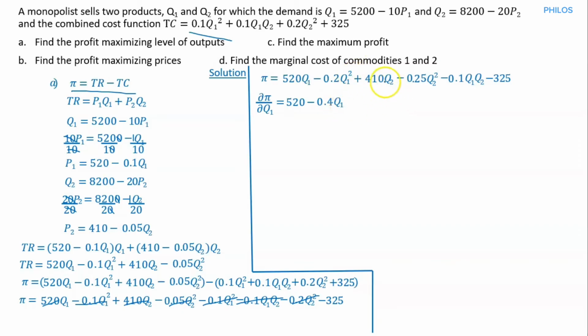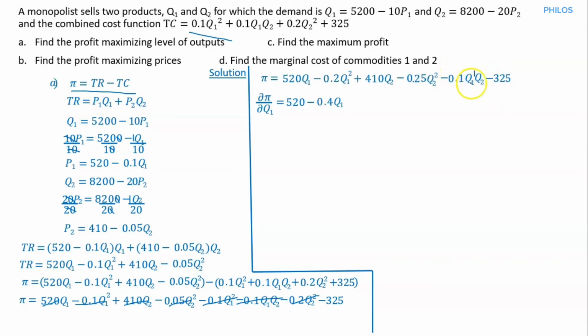Okay, there is no Q1 here, so this is a constant, it's 0. There's no Q1 here also, so it will be 0. But there is Q1 here. You know, the Q1 here has an exponent of 1. When you multiply the whole thing by 1, subtract 1 from this exponent. So you have Q1 exponent 0. And Q1 exponent 0 gives you 1.